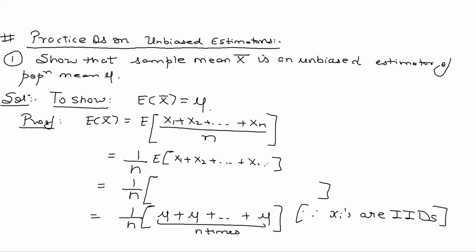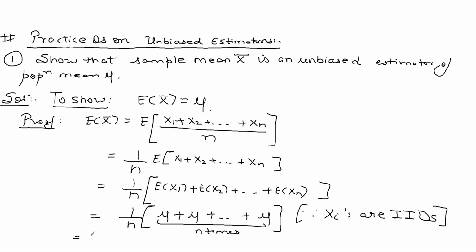I'm doing this for more clarity, so it becomes expected value of X1 plus expected value of X2 plus dot dot dot expected value of Xn, and then I can say that the capital Xi's are independent and identically distributed random variables. Since they are independent and identically distributed, expected value of Xi is equal to mu.